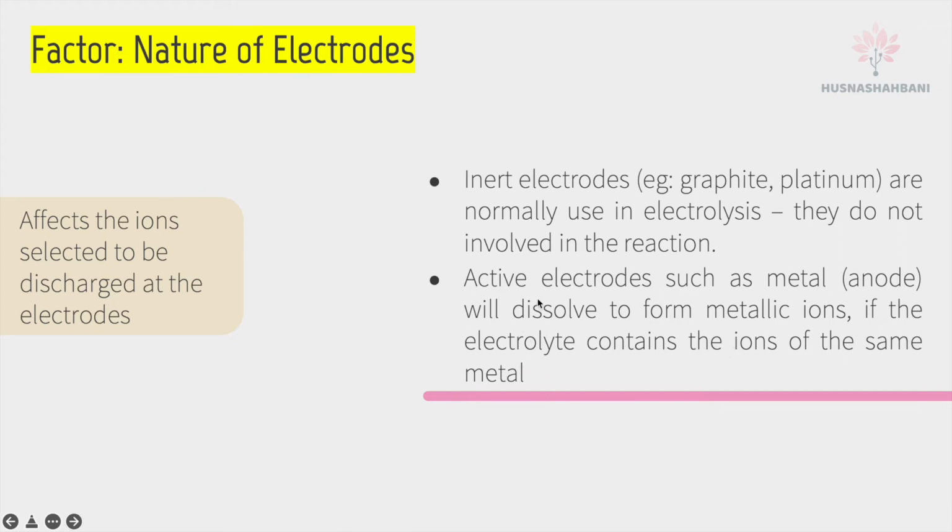So if we have an active electrode, we will choose that ion. We don't have to compare the electrode potential value. We choose that active electrode for the reaction to occur if the electrolysis has an active electrode.